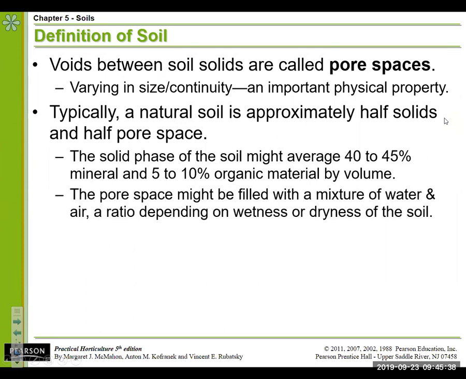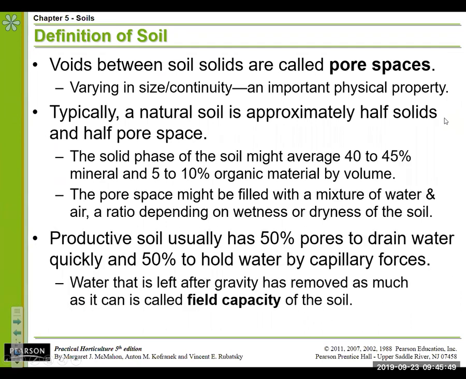And then the pore space is either going to be filled with water or air. That ratio is going to depend on whether there's been rainfall or whether we've watered crops. So again, in the most productive soil, we're looking at 50% pore spaces that would be holding air and water.